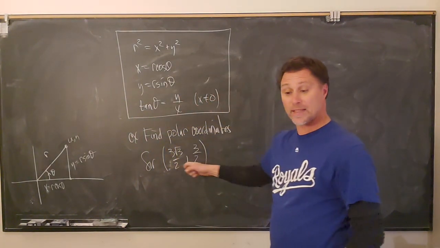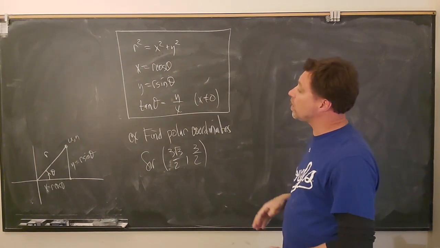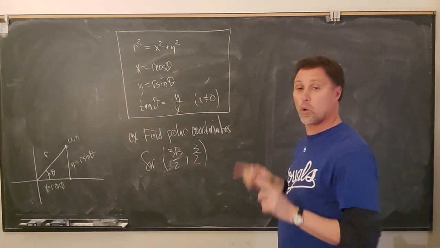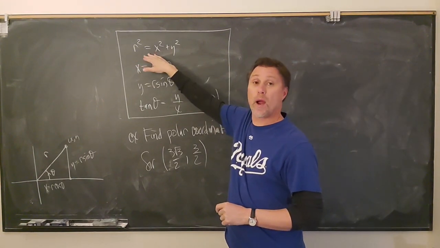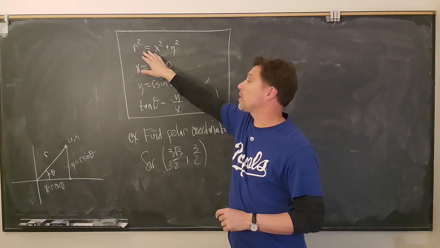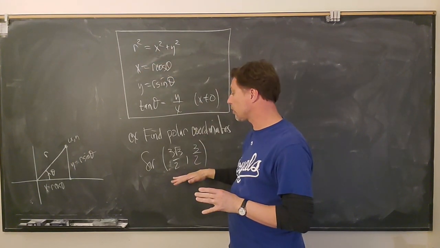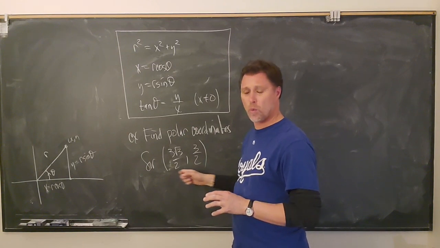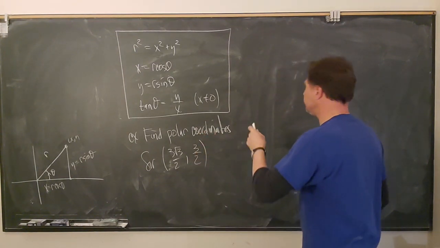So here's my x, here's my y, and I want to find r and theta. Now, one thing to notice, polar coordinates are not unique. For example, r is not required to be a positive number. r can be positive or negative. So there are always multiple correct answers for polar coordinates. There's going to be exactly one x and y, but polar coordinates are not unique.